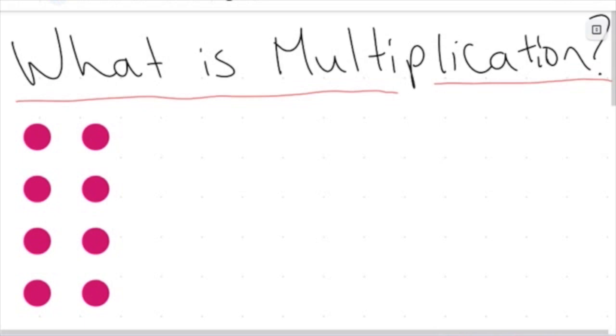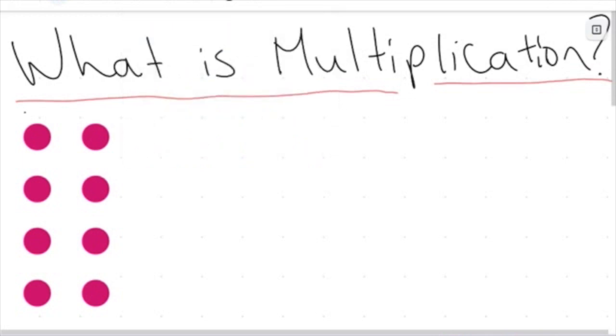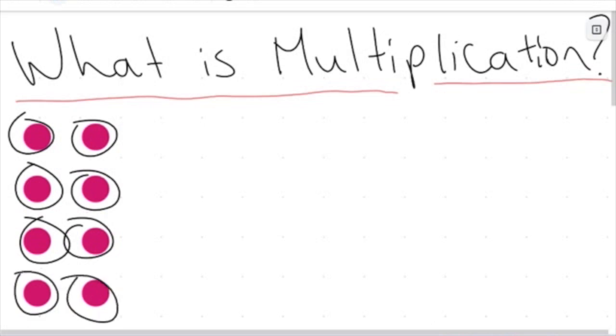So, in this image on the left, I have these 8 pink circles. Now, if I wanted to count these, well, I would just think of, okay, I have 1, 2, 3, 4, 5, 6, 7, 8. Okay, that seems simple enough. I'm just counting.